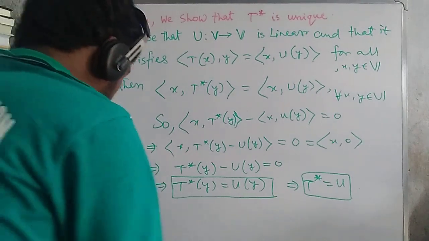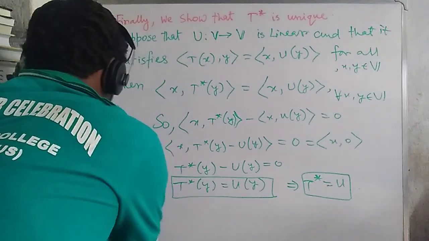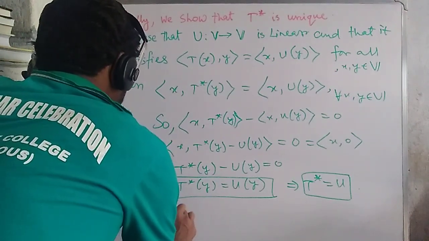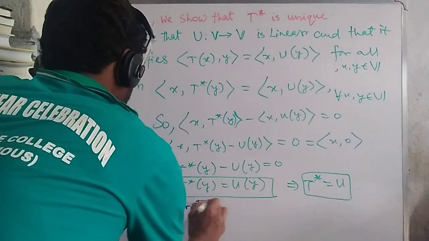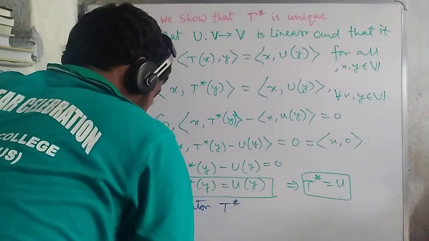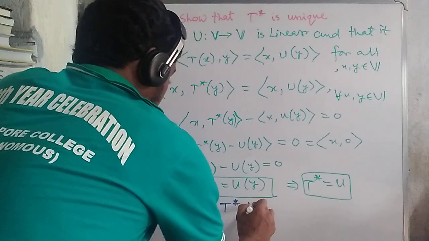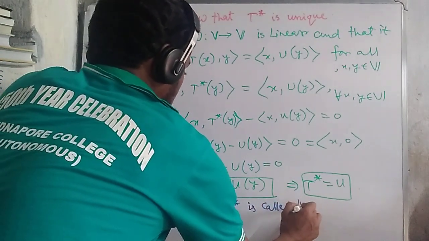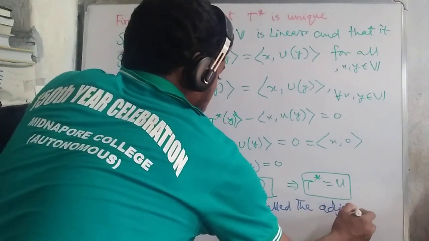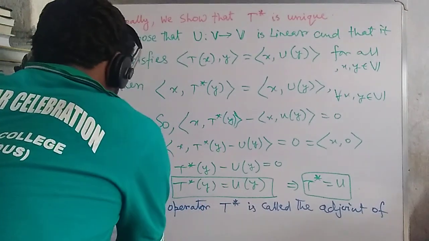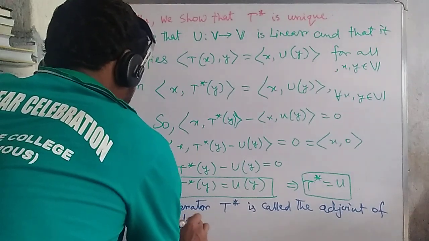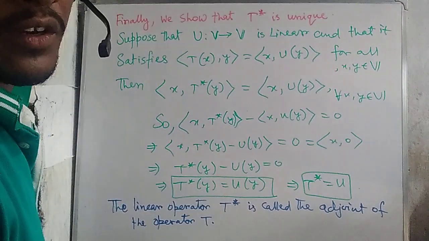Now we write here that the linear operator T* is called the adjoint of the operator T. Understood?